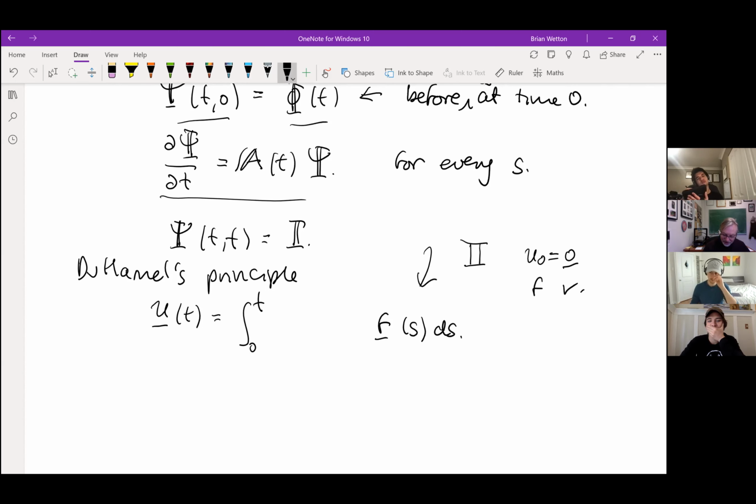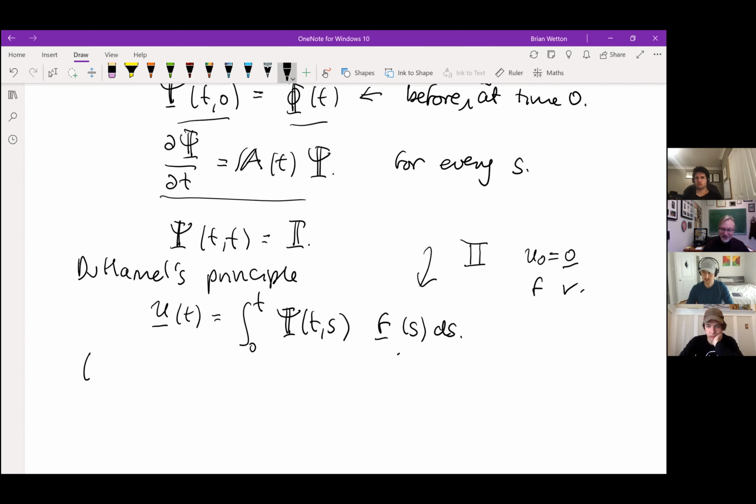And the one that I'm going to use is exactly this thing. How the forcing enters the solution is as an integral of how initial data at that time would affect the later solution.